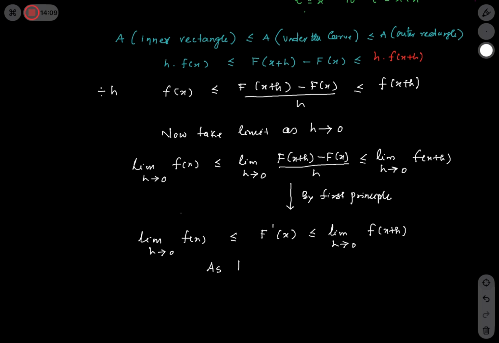Now as h is tending to 0, x plus h will tend to x. So we can write f(x) less than or equal to F'(x), less than or equal to f(x).